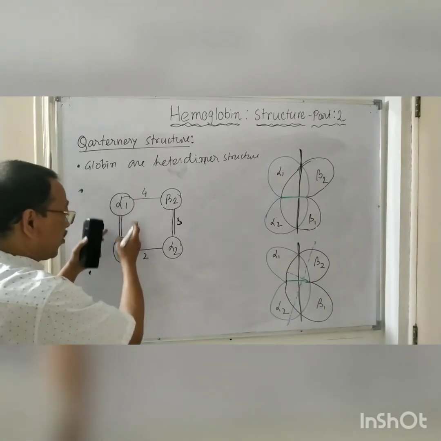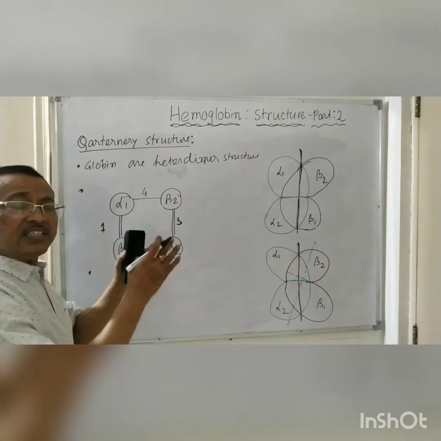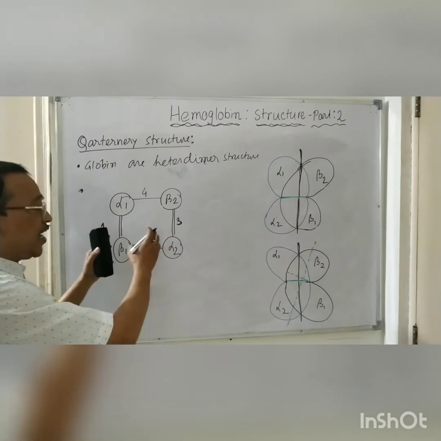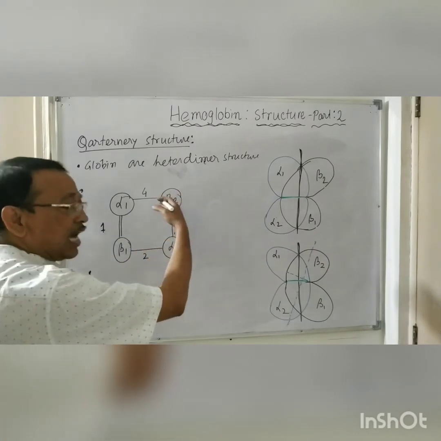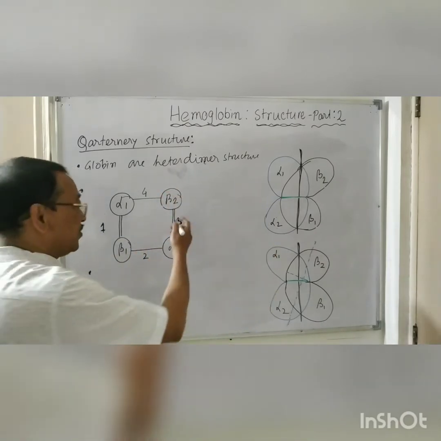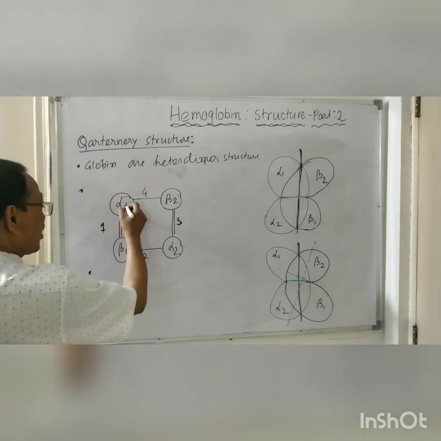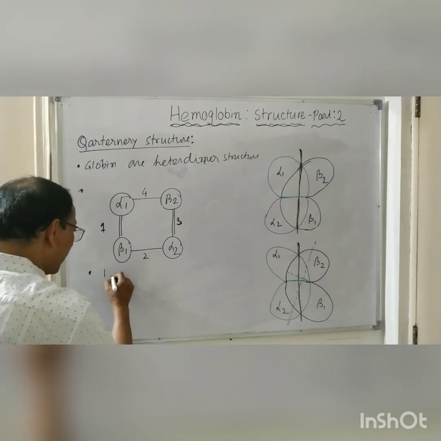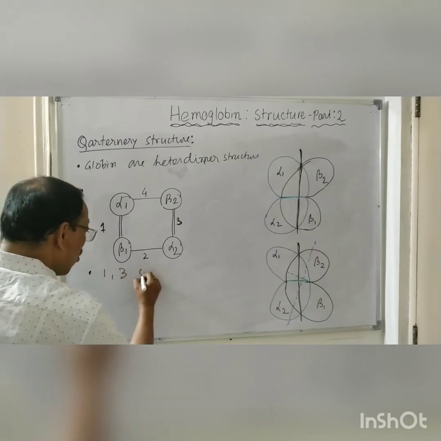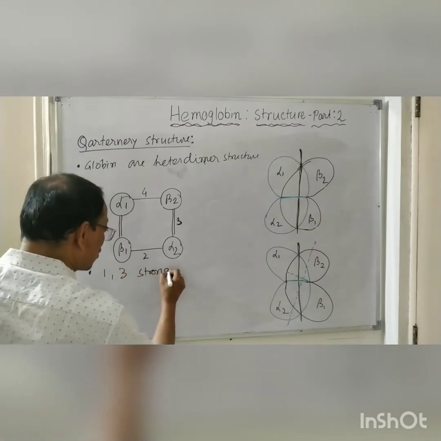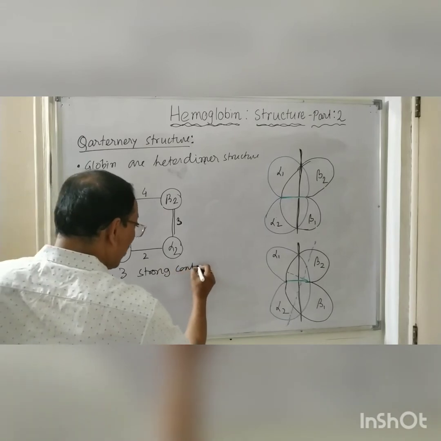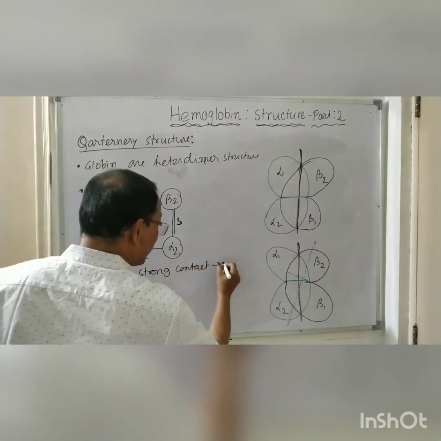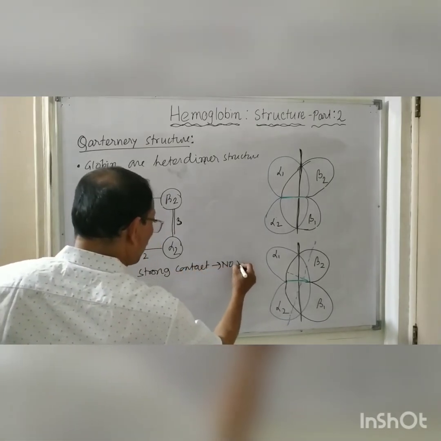This heterodimer does not change its position, while the other dimer rotates in relation to it. Because the contact between alpha 1 and beta 1, contact points 1 and 3, is a strong contact, no rotation is possible.